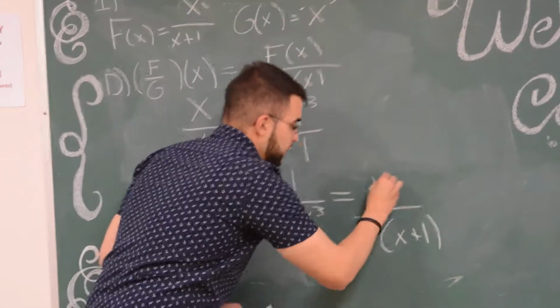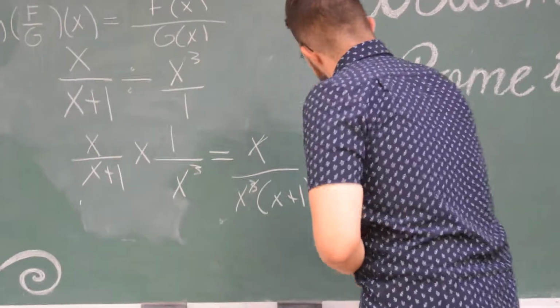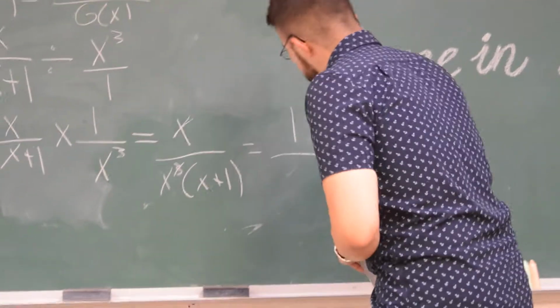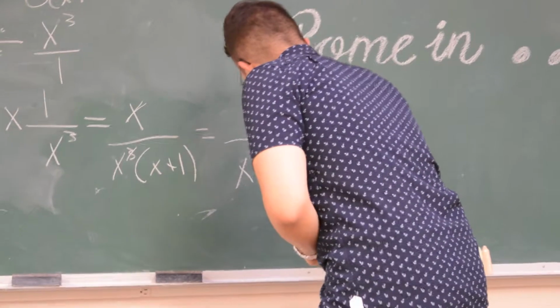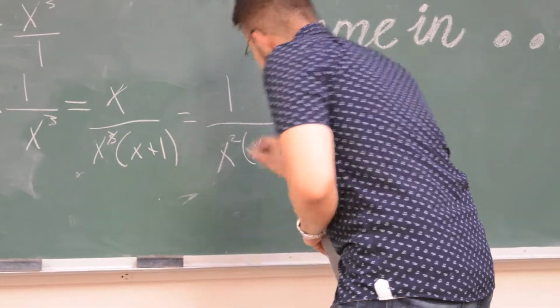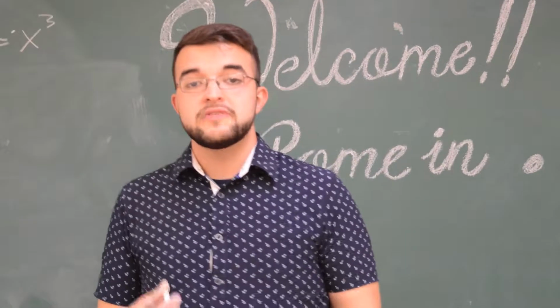We can cancel one of the x's to get 1 over x squared times x plus 1. Your final answer.